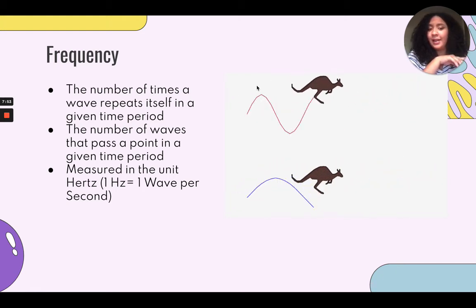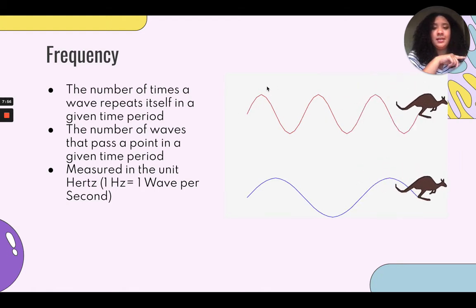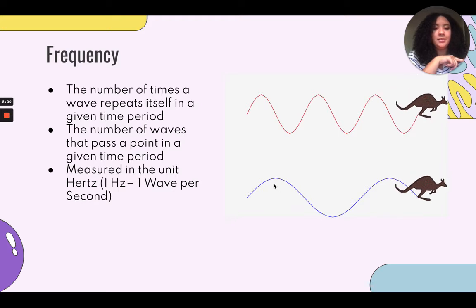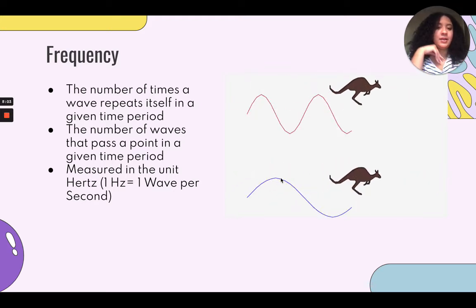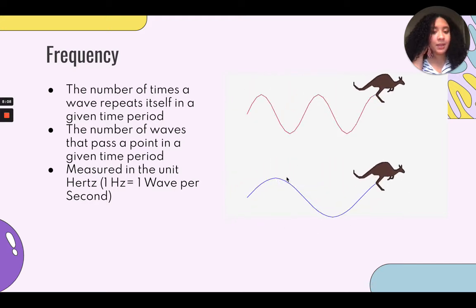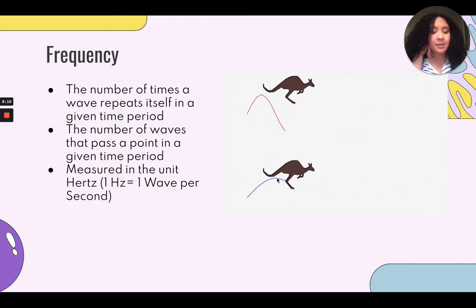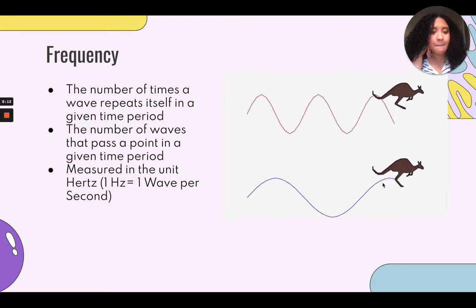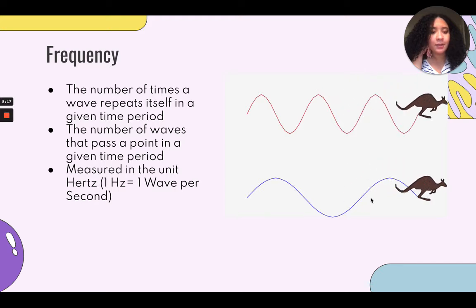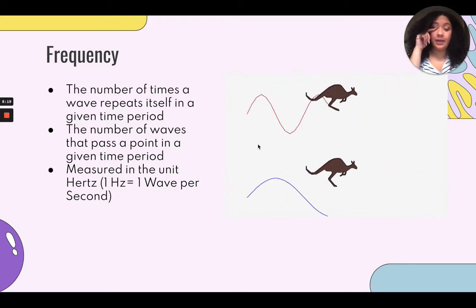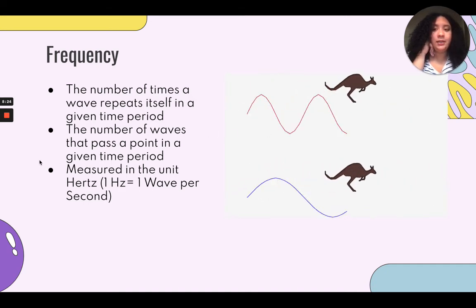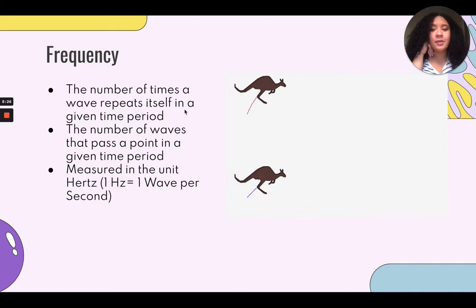If we look at this, the frequency is higher than the lower frequency, because there's only 1 real wavelength here within the given time period of how long the GIF is, from the tippy top to the next tippy top. And this one right here has 2 waves, almost 3. So frequency is just the number of times a wave repeats itself.